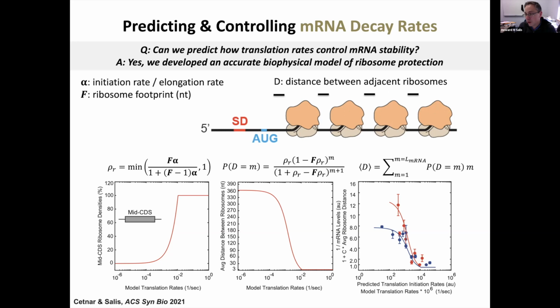Low D, low decay rate. And that's exactly what we see. So we go through this and look at the average distance. We then compare the average distance to our mRNA decay rate measurements, and we see the sigmoidal relationships. Okay, and they're pretty good, again, for the number of data points that were collected.